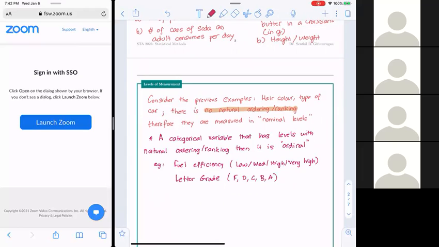They move from the lowest value, which is F, all the way up to the highest value, A. The size of drink with a meal.